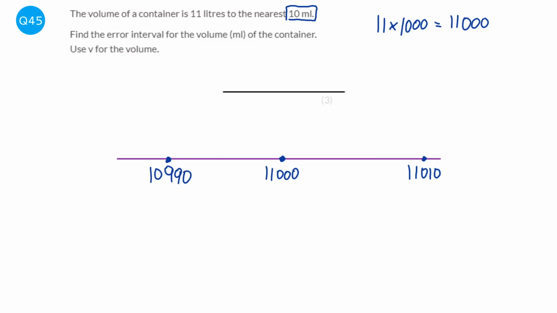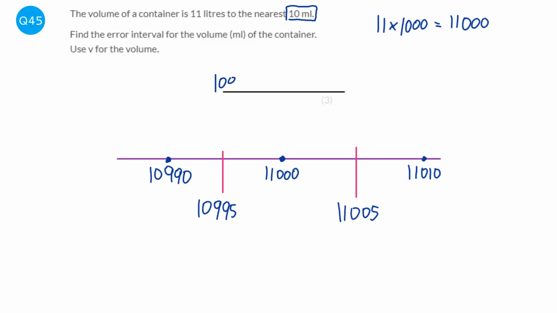Now when we're looking at limits with the upper and lower part of it, we are looking at halfway points. So halfway here and halfway here. So this halfway point will be 10,995, and the next one will be 11,005, and that's the halfway points.